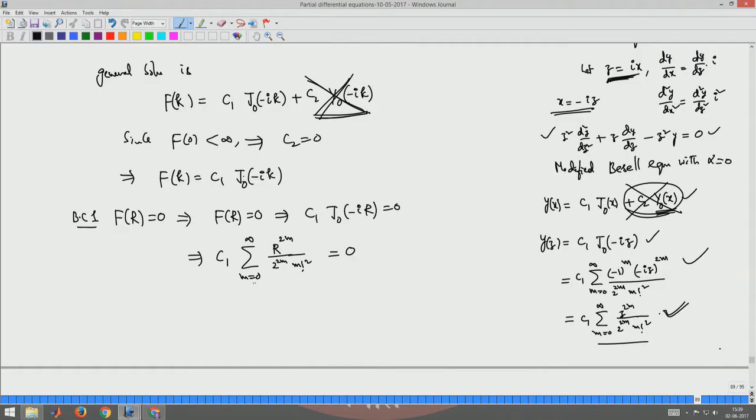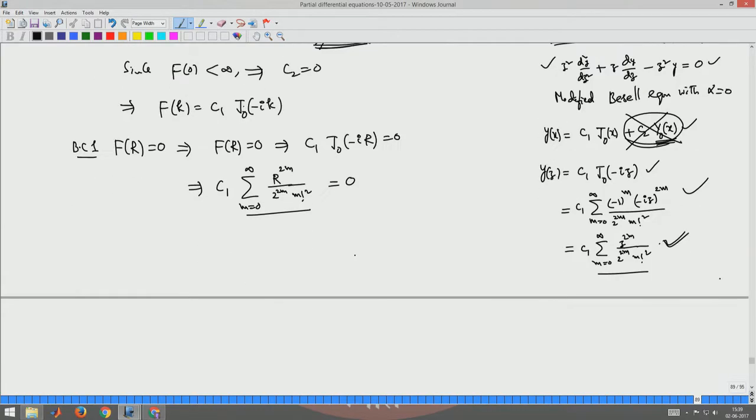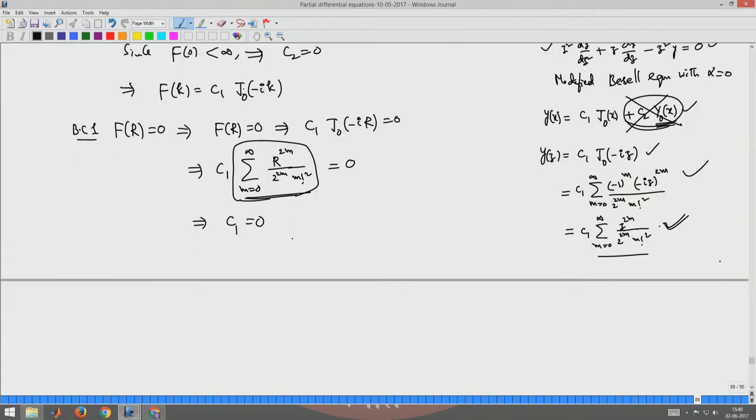This has to be 0, but you see that each of the terms in the sum is positive. Since capital R is positive, this implies C1 has to be 0, because this quantity is non-zero. Clearly each term is positive, this cannot be 0. So, this implies C1 is 0.